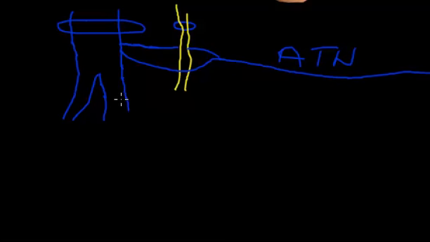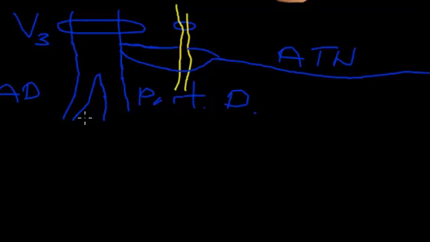And these are called the obvious names, the posterior division and the anterior division of the mandibular division of trigeminal nerve. I'm just going to write up here just to remind us that this is the mandibular division.